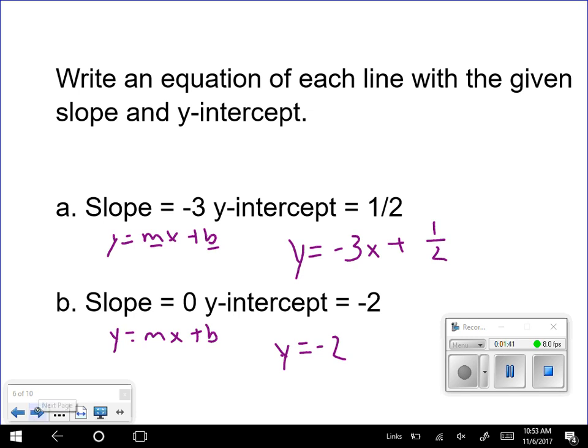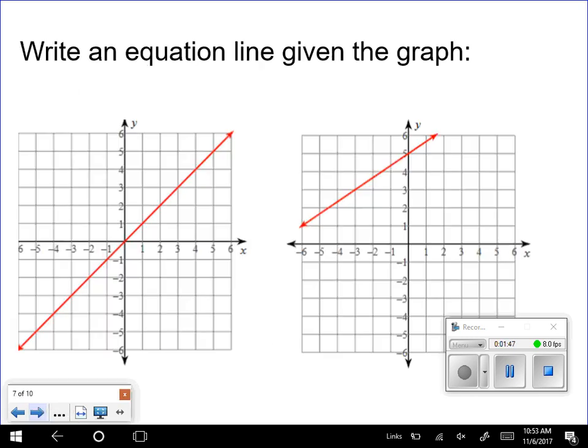The next way is looking at a graph. Maybe I'll go to the next page here. Okay, so write an equation of a line given the graph. For this one, we want to figure out our slope and our y-intercept to help us write y equals mx plus b for each of these as well. So where does it hit the y-axis?